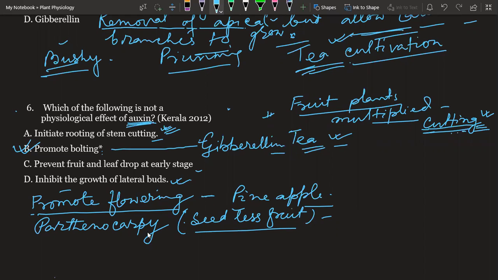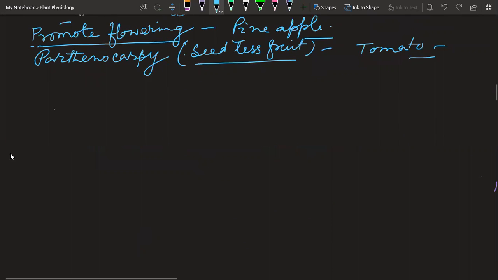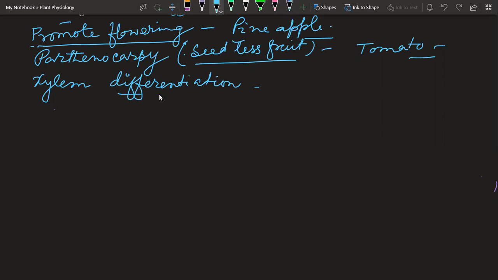So it shows parthenocarpy in tomato and some other plants, but not in all. This also helps in xylem differentiation, that is xylem tissue formation.